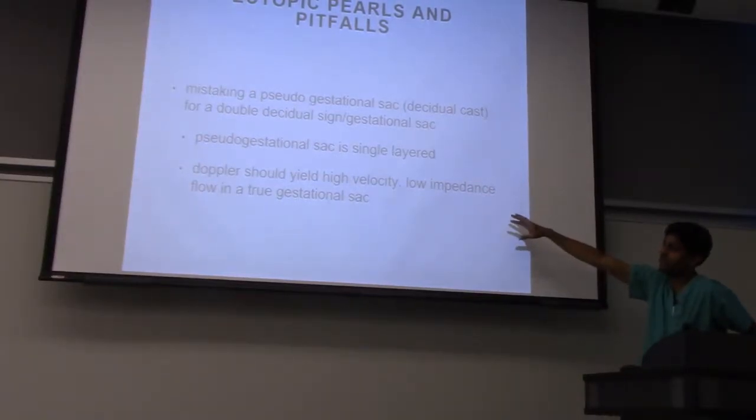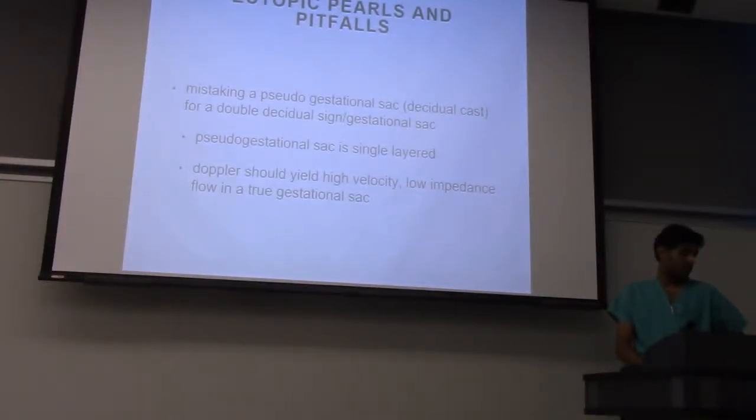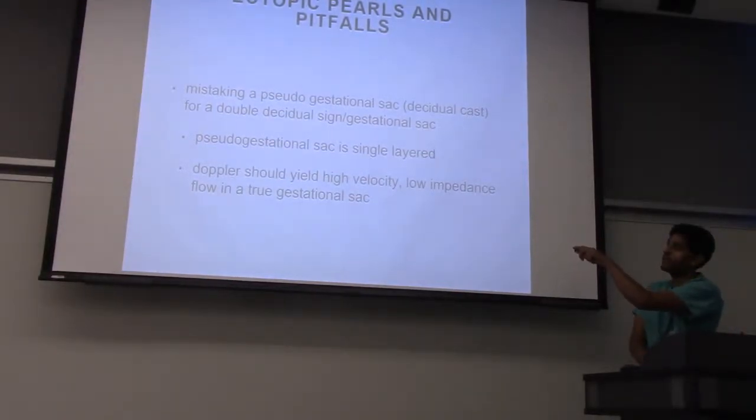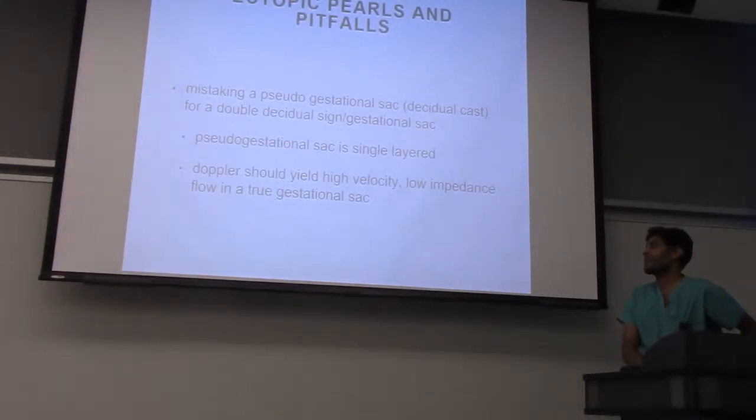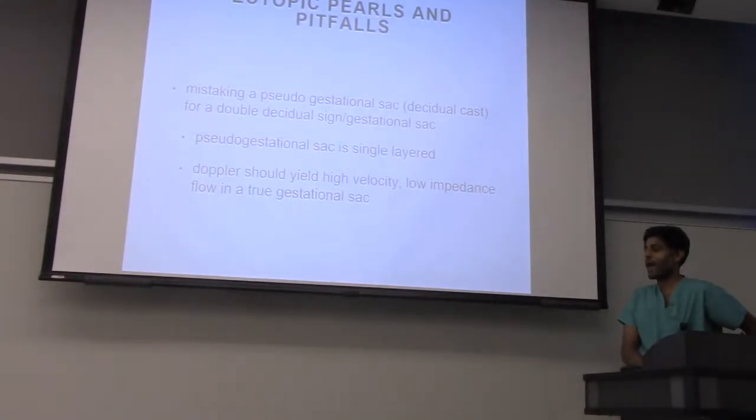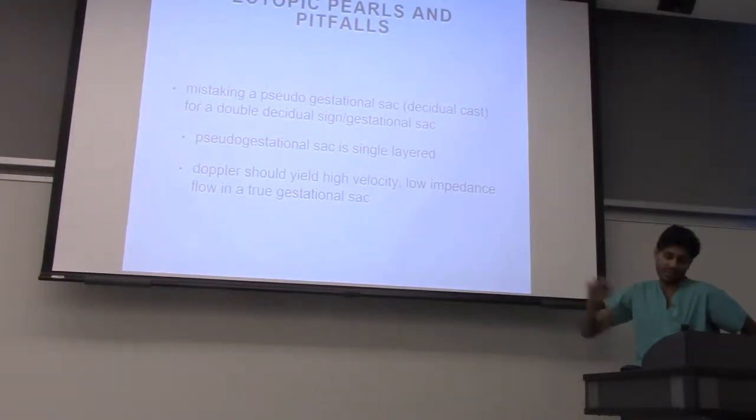A pseudo-gestational sac is just a trick, and it shouldn't have any blood flow. So that is one way to rule it out. But this isn't 100%, and I don't really know what to say about that after that, because sometimes you may not see this, and you have to kind of still have a high index of suspicion.